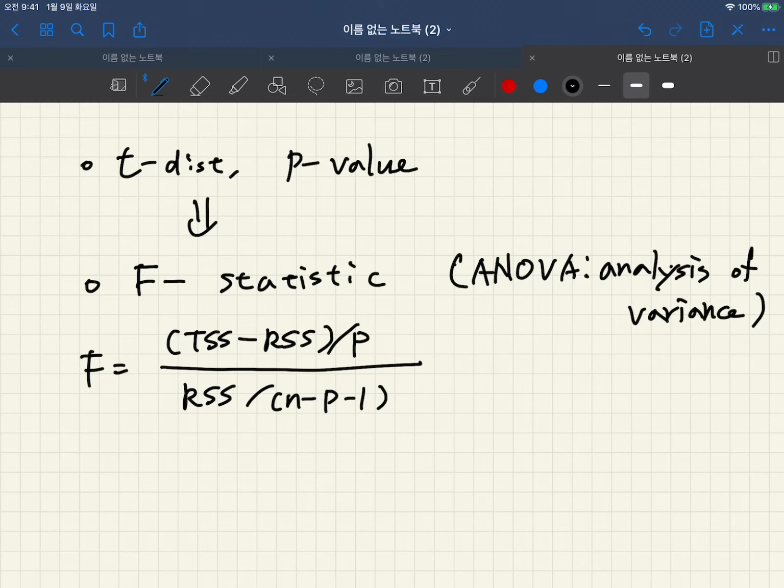Why is this a good indicator to understand whether there exists a correlation between any predictor and the output value? Imagine there are no correlations, so beta 1 equal to beta 2 equal to beta p equal to 0. Then what will happen?